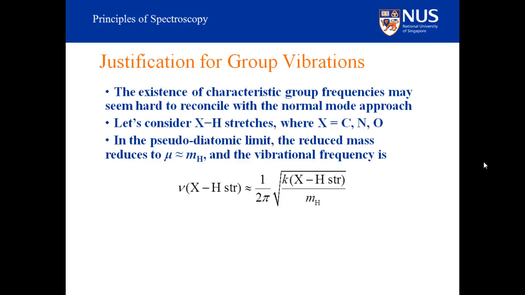It means that the denominator of the reduced mass is approximately equal to the mass of X, so the mass of X will cancel with the mass of X on the numerator, and we will be left with a pseudo-diatomic limit for the reduced mass, which will be equal simply to the mass of the hydrogen atom. This is what we mean by the pseudo-diatomic limit.